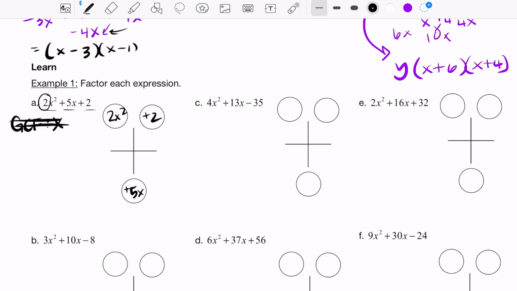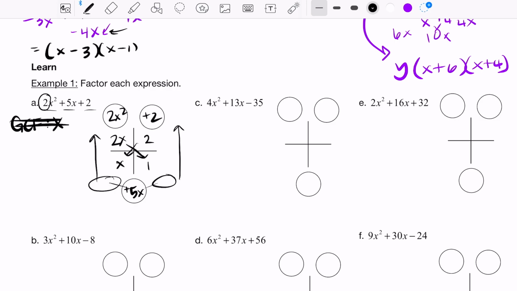So to make 2x squared, remember, it's up and down left, up and down right, crisscross, and then these numbers have to add to the middle. So this would be 2x and x. And then we have, this is positive 2 and this is positive 5. So what we would need to do is, let's say if we did 2 and 1, this would be 2x and that would be 2x, but that doesn't add to 5x.